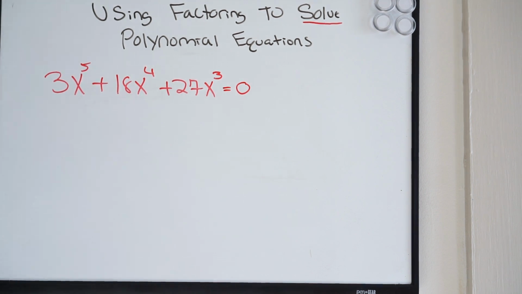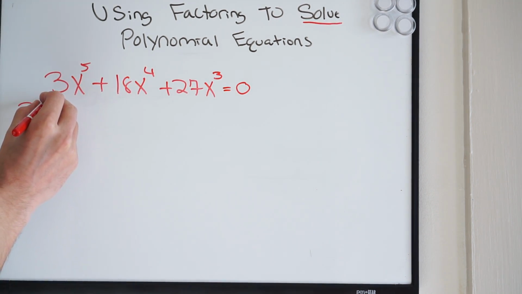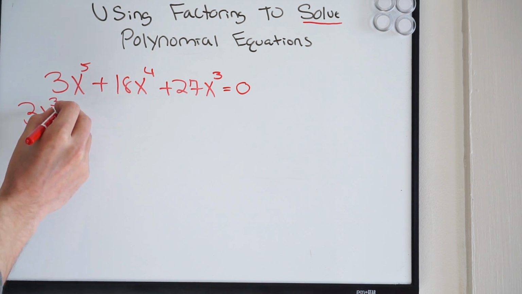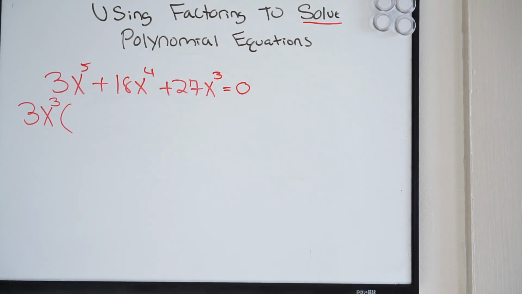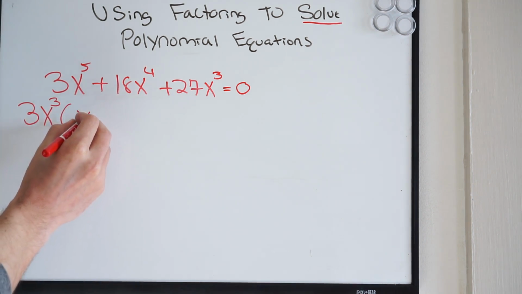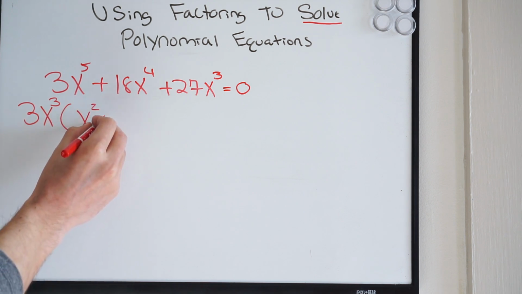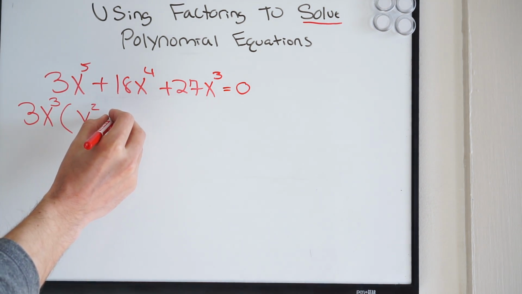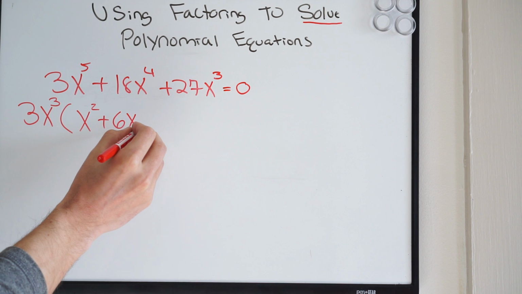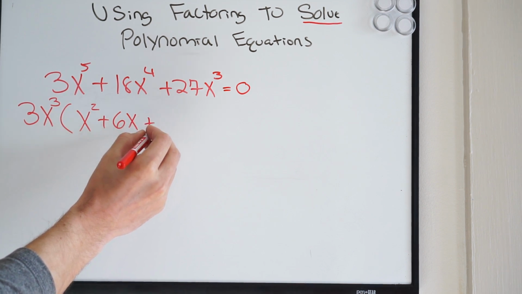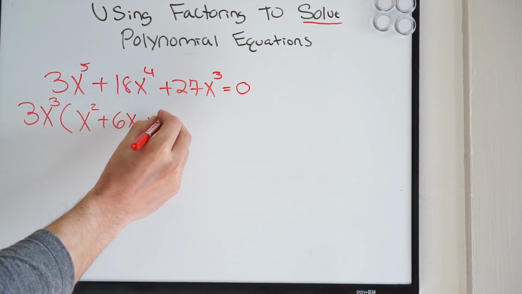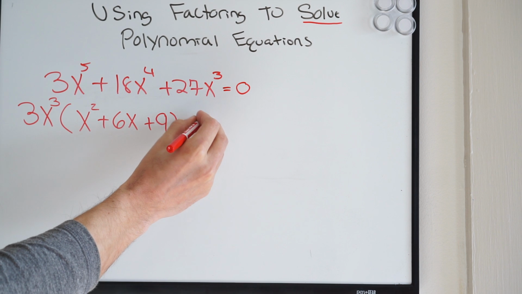So I'm going to have 3x cubed, and on the inside here, I'll have x squared plus 6x plus 9. This is all equal to 0.